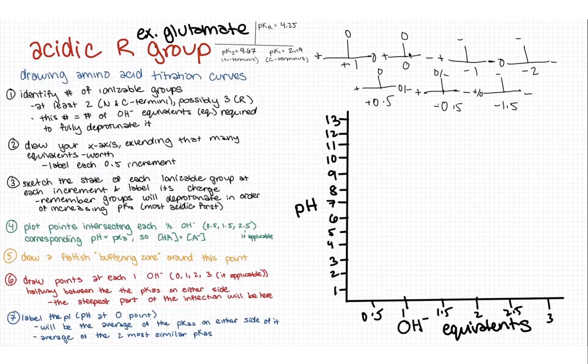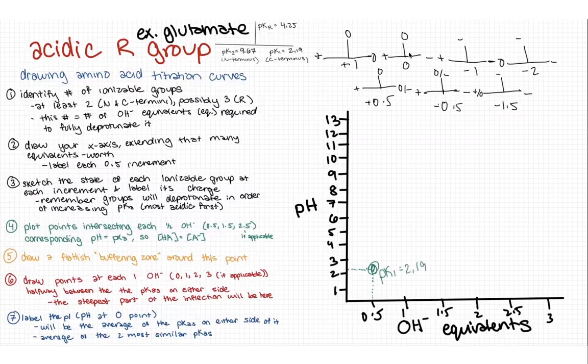In that case, it's our backbone carboxylic acid group with a pKa of 2.19. Going to go over to 2.19 on my y-axis, go over to 0.5 equivalents on my x-axis, and draw a point. This is going to be our pK1 equals 2.19.